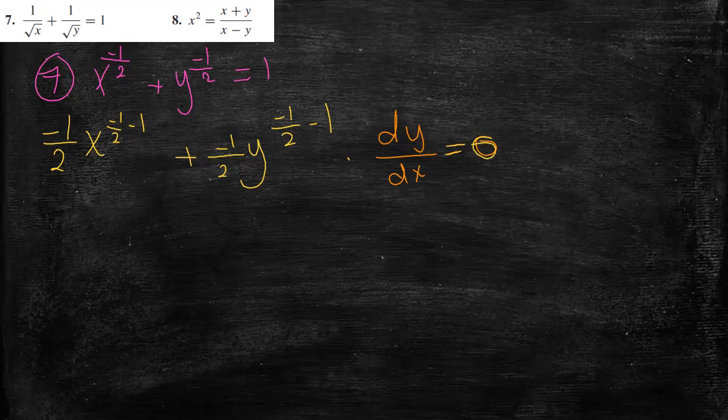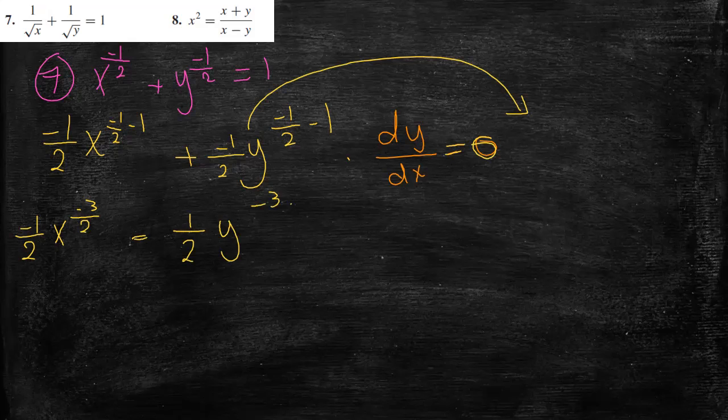Then this one is negative half x raised to the power negative 3 over 2. And let's move this to the other side. It will be positive 1 over 2 y raised to the power negative 3 over 2 dy over dx.